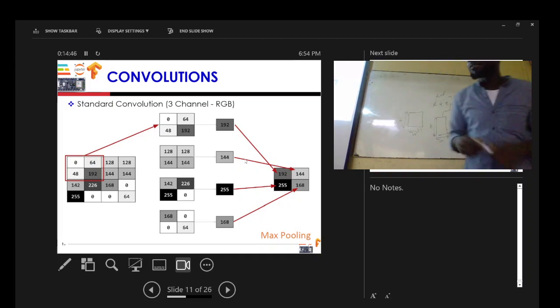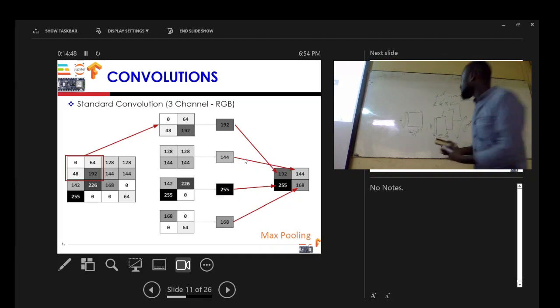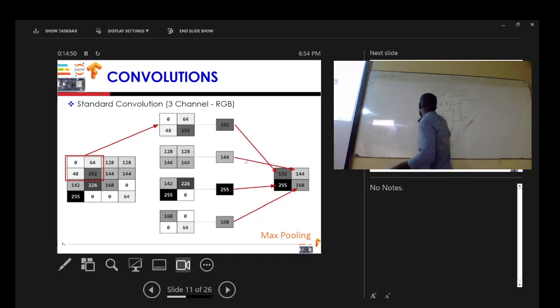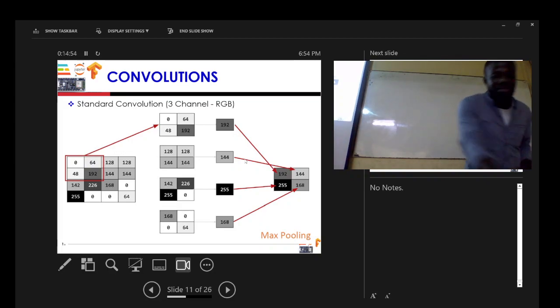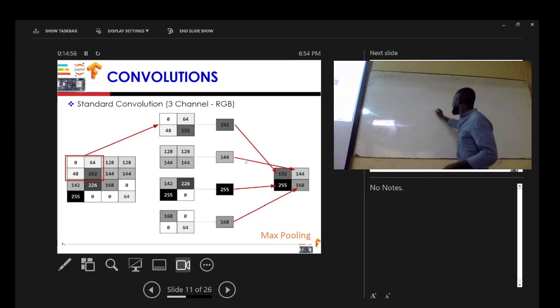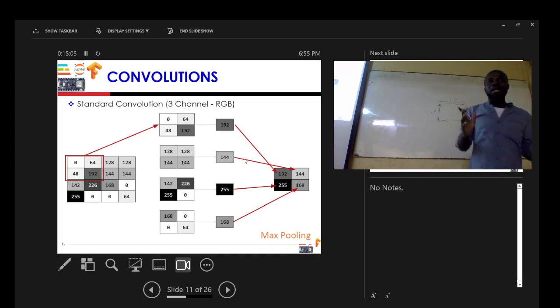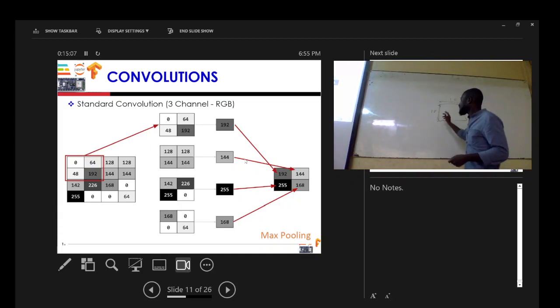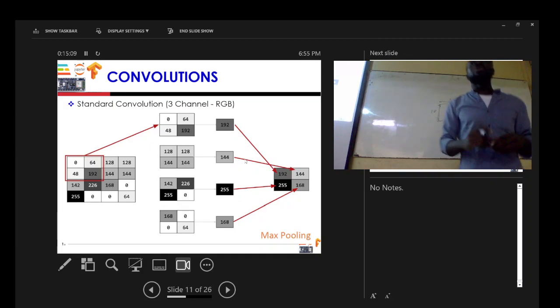Let's say I convolve my image and then I get an image with a size of 10 by 10. So I get an image that looks like this, and it's 10 by 10. Sometimes you want to reduce the image size.